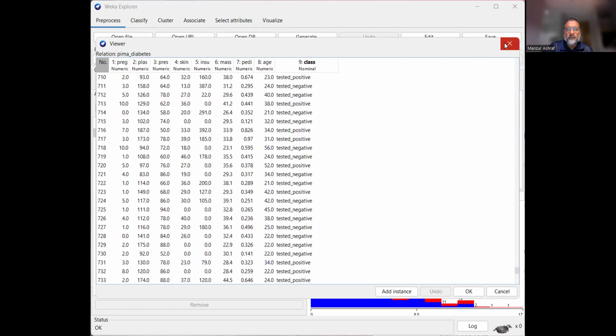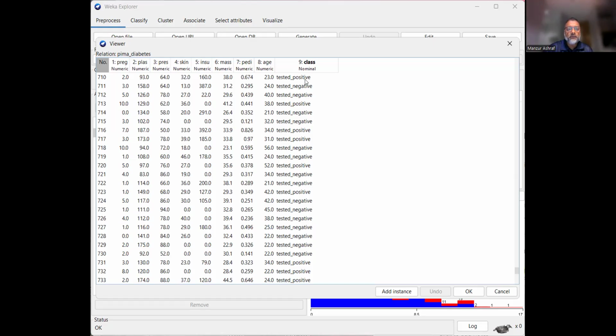So of course, the end result in this particular case is either positive or negative. So we can see that there are two different classes of results. Therefore, we need to find a formula by which we can identify, based on which criteria, a diabetic patient tested positive or tested negative, right?